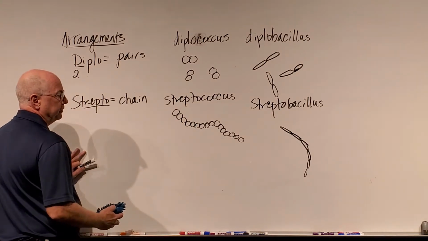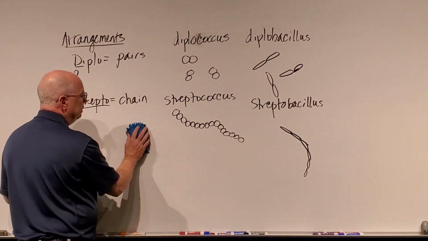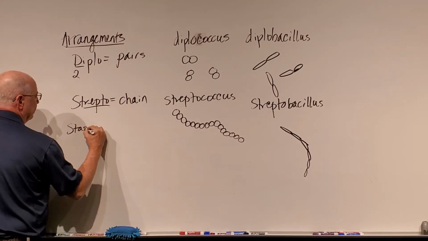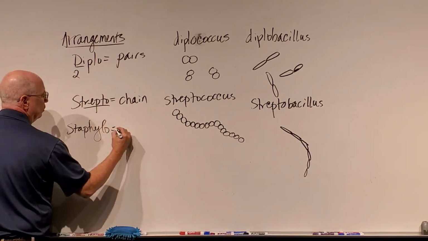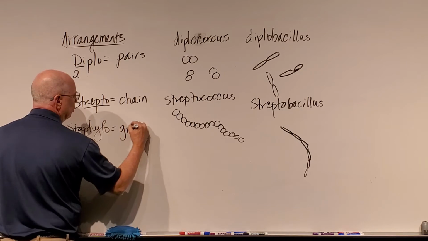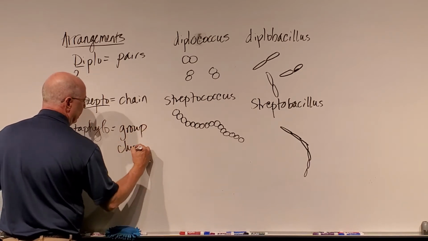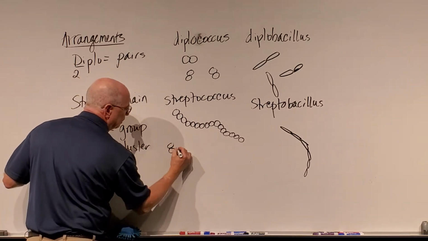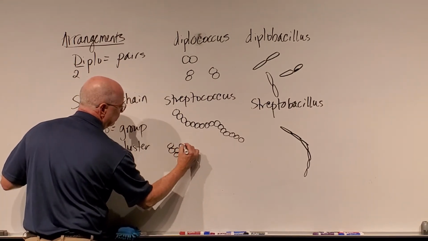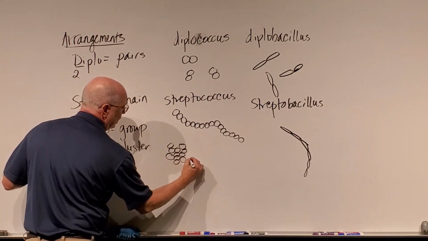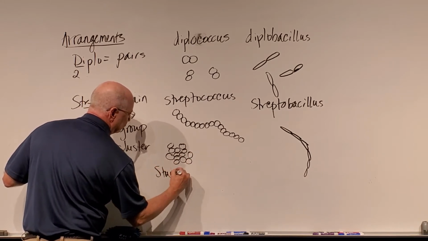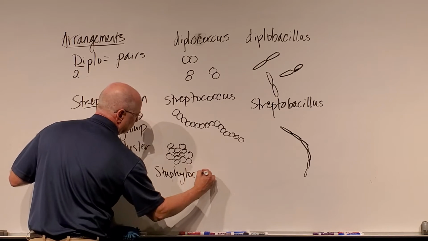Now, I'm going to erase this drawing because, well, let me see if I can include all this in the space that I have. When I talk about staphylo, what this means is a group or cluster. And I think of a cluster of grapes. So if I have a whole bunch of bacteria that are clustered together like this, and they're all round shaped, then I would call this a staphylococcus bacterium.